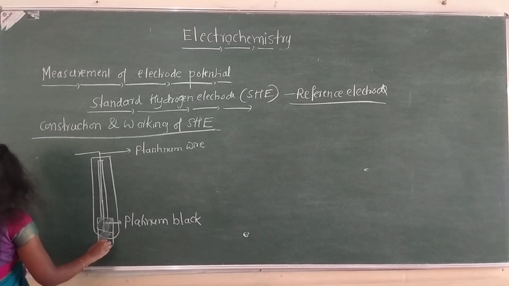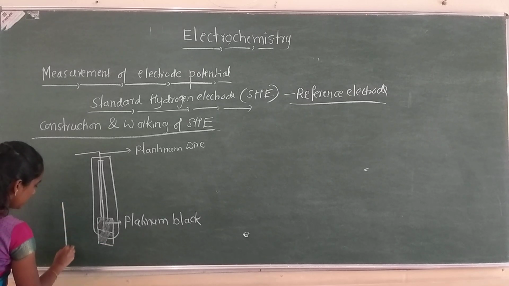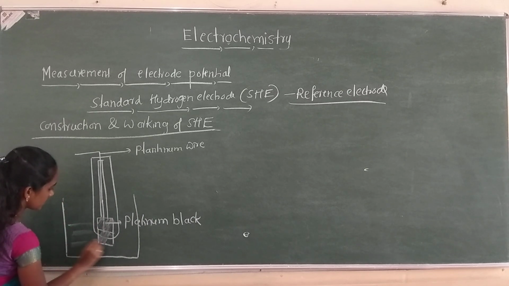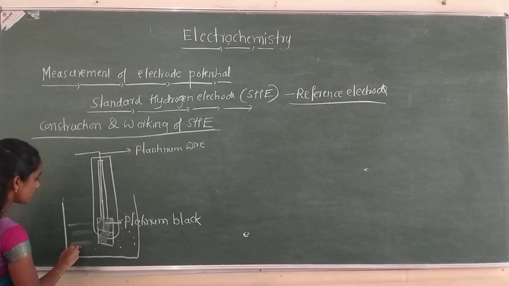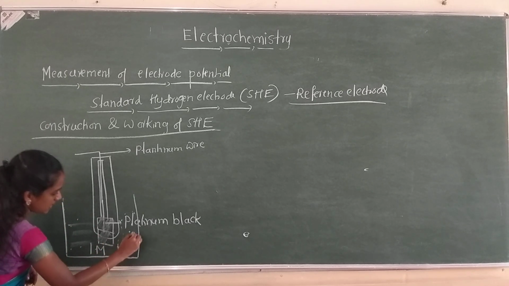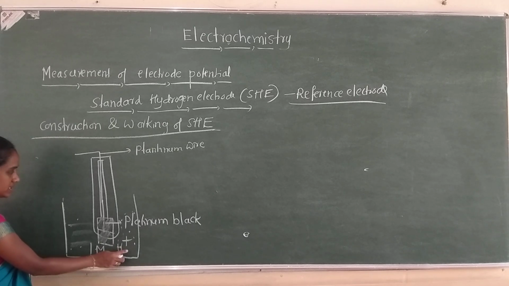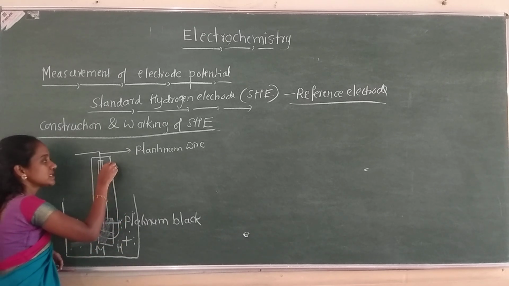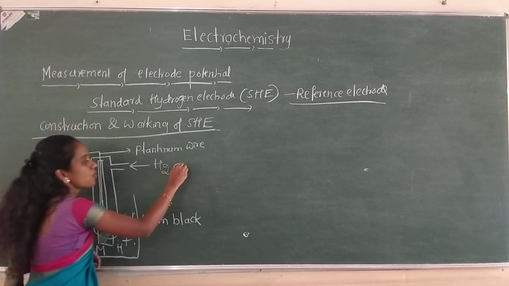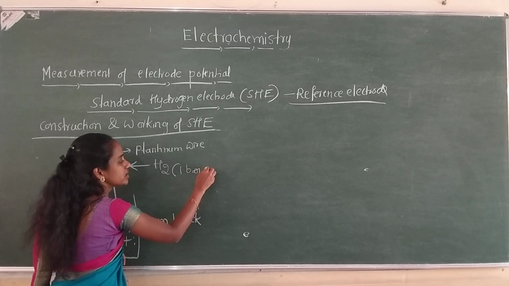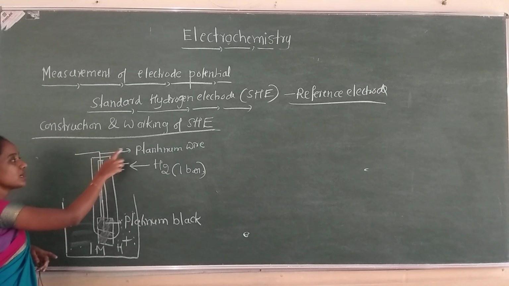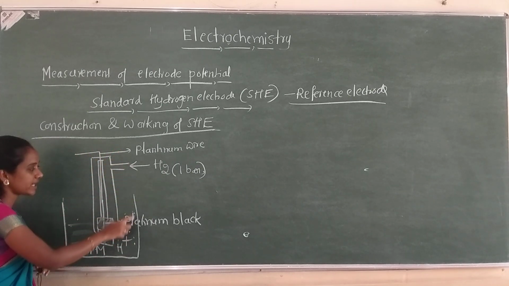It is dipped in a vessel containing 1 molar acidic solution, H plus acid, HCl or H plus. So from the top of this glass jacket, hydrogen gas at 1 bar pressure and at 298 Kelvin is passed. So this is a hydrogen electrode, the standard hydrogen electrode.